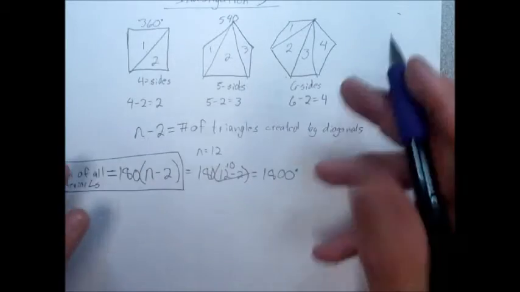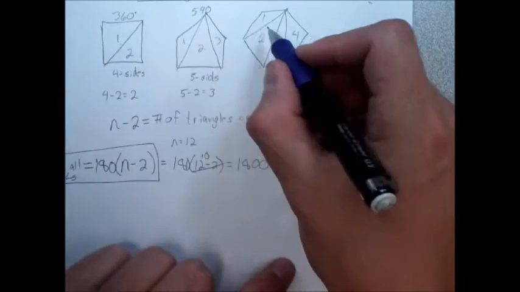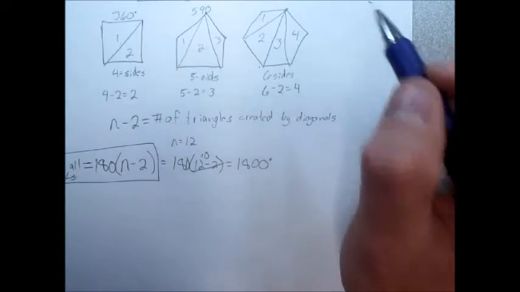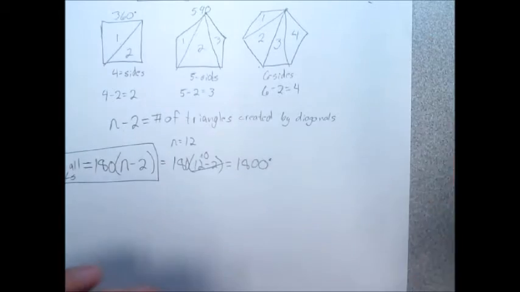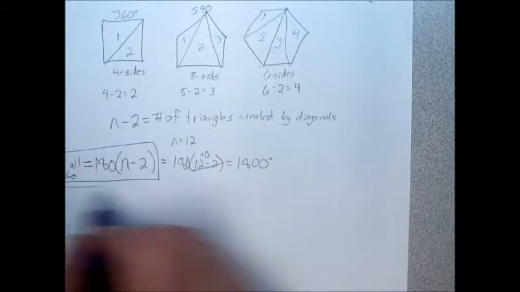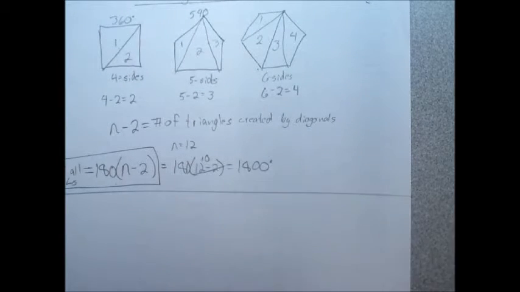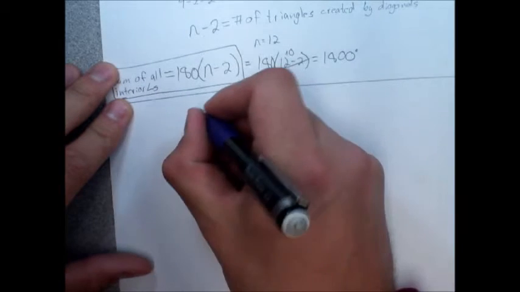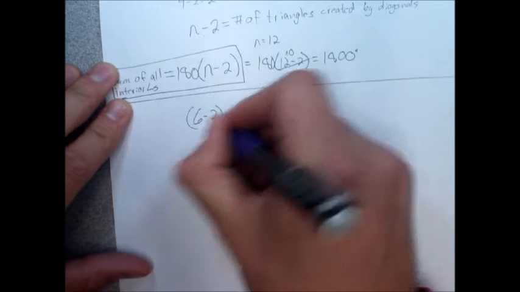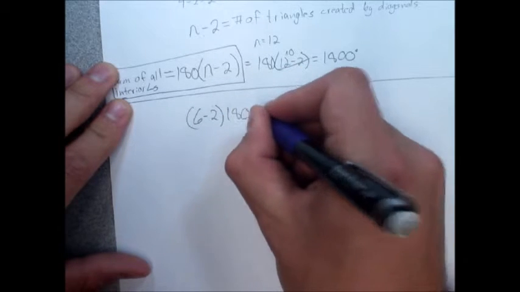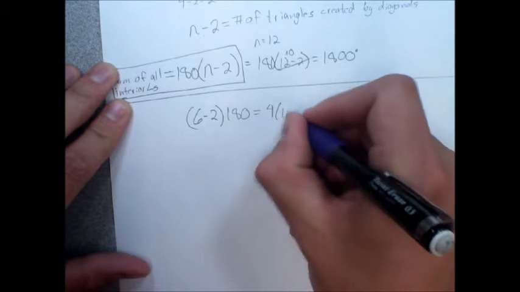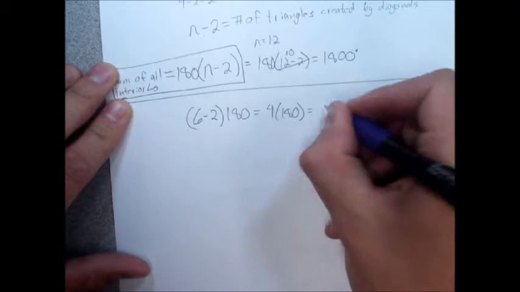So if I know that there are 6 sides in my regular polygon, then I need to find out how many degrees are in the total. So we're going to take 6, subtract 2, multiply it by 180. We get 4 multiplied by 180, which is 720.